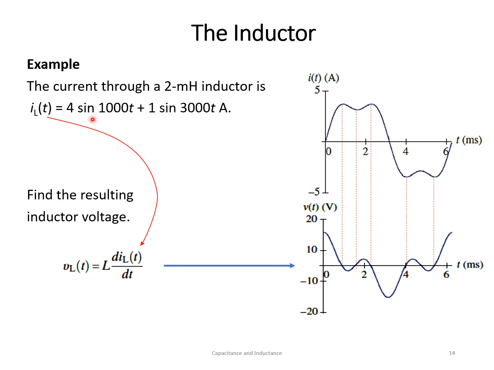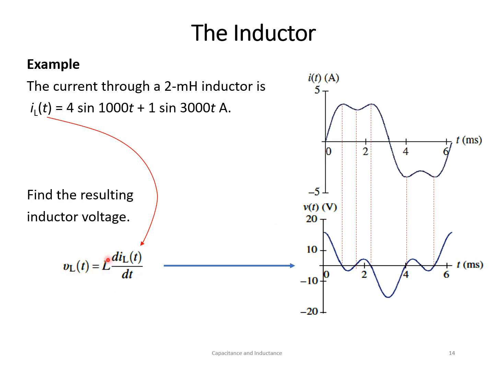So this is 4 sine omega t, and in it we are adding 1 sine 3000t, and this is the resulting waveform. You can use MATLAB or any other tool in order to plot the waveform of iL. What is the voltage across the inductor?